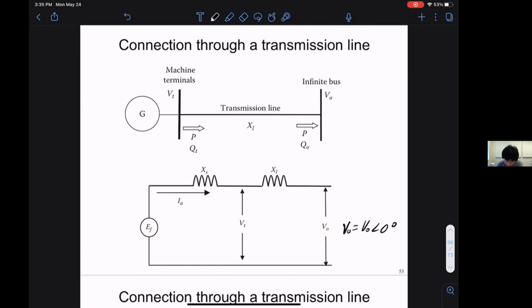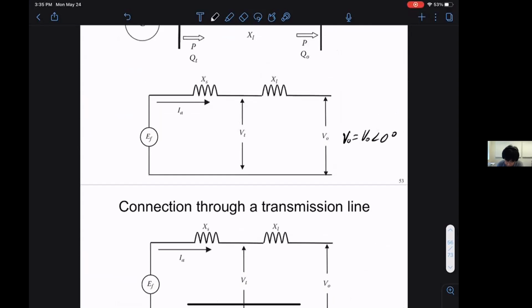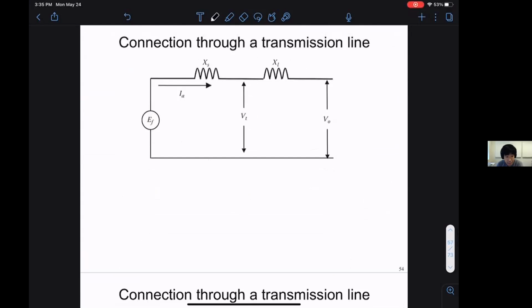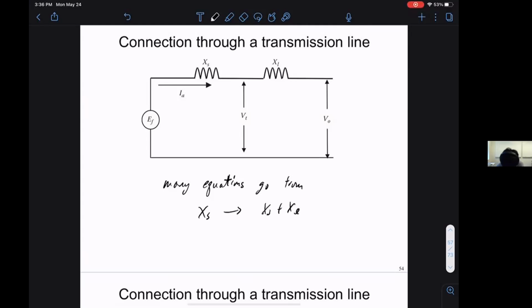The equations don't change all that much. You take whatever was X_S before and replace it by X_S plus X_L. So the equations go from X_S to X_S plus X_L.